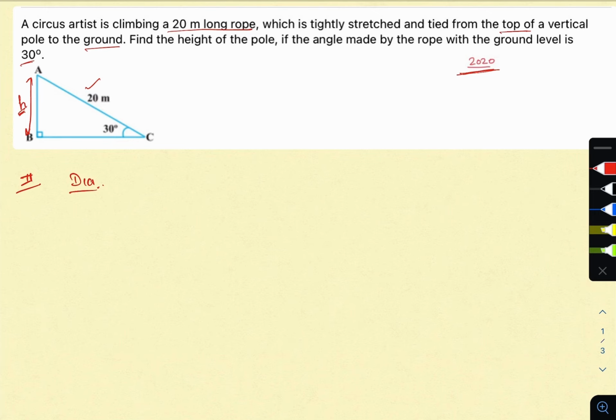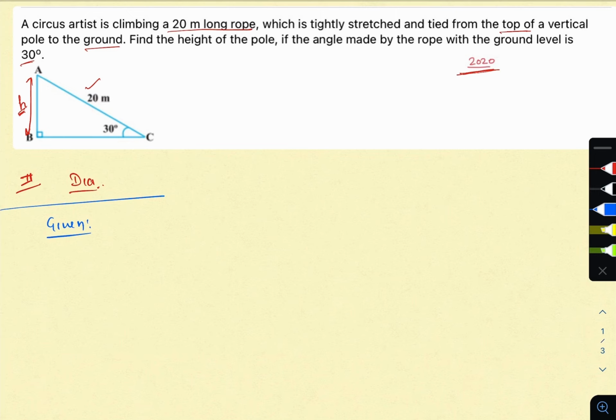So how to start the question? First of all we will write all the given things. To start any question, the very important first step is to write all the given things. So whatever you are getting from the question itself, just write in the given section.